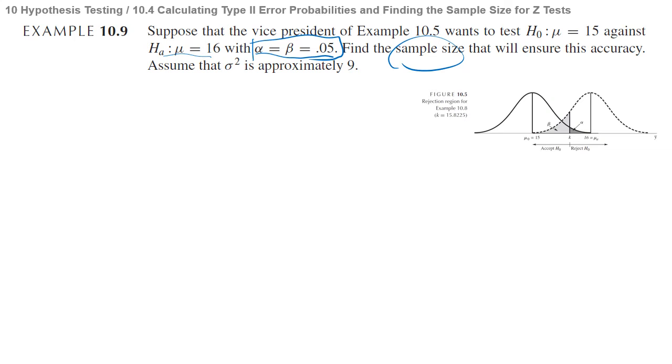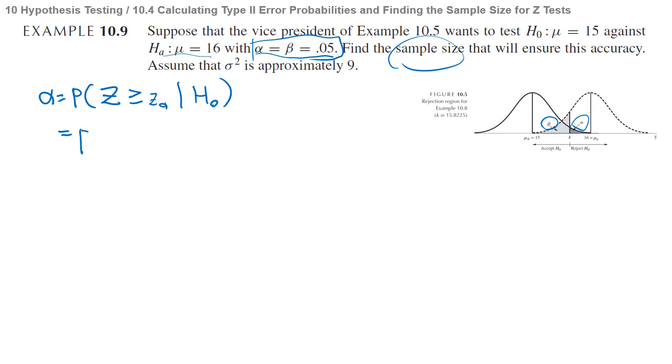From the situation, we would like to use the information of alpha and beta. So what is alpha? Alpha is the probability that z is greater than z alpha under H0, when H0 is true.